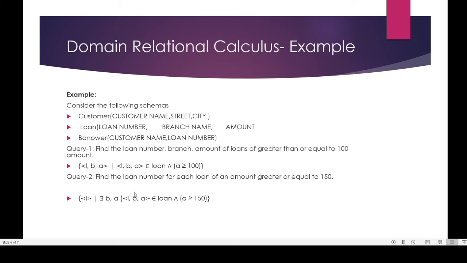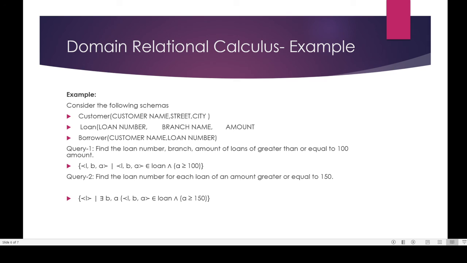In this query, we have to find only the loan number, so we write only L in angular brackets, such that there exist branch and amount, and <L, B, A> is an element of loan, and the amount is greater than or equal to 150. This is the next example, and I hope you understand these two concepts.